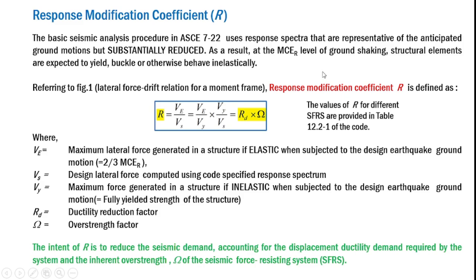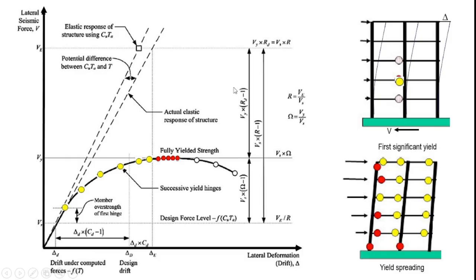Now to explain the response modification coefficient capital R, let me take you to a standard lateral force drift plot prepared for a moment frame that is shown here. This is directly taken from the commentary section of ASCE 7-22 and slightly modified, and I have added some indicative diagrams to get better clarity on what this plot represents.